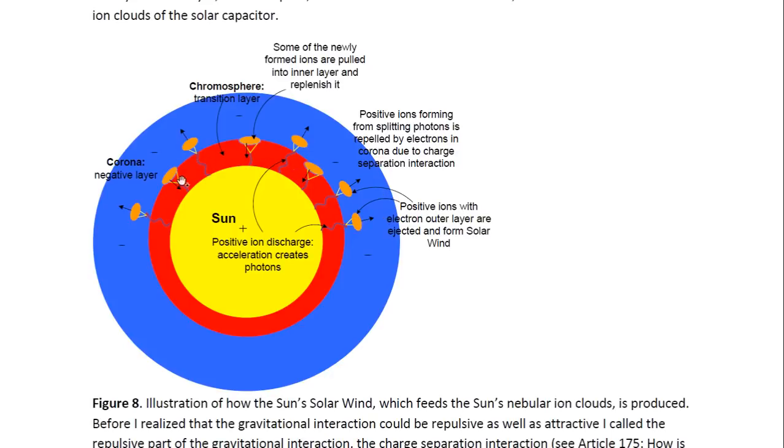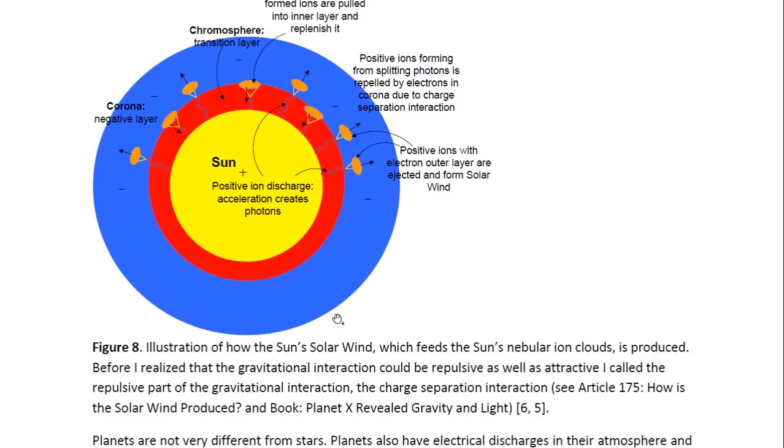So they either move back downwards towards the bottom of the corona or the solid part of the Sun, as you can see here, or they move upwards. That depends where they form. If they're closer to the top of the corona, they will be ejected outwards into space, and they will become the Sun's solar wind.